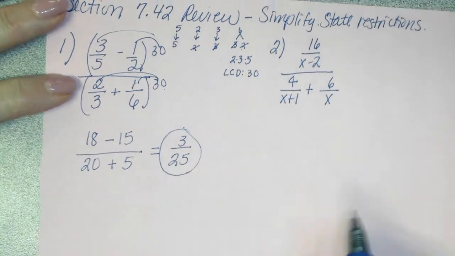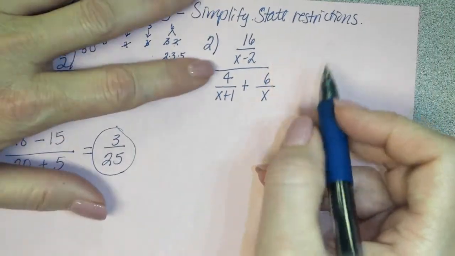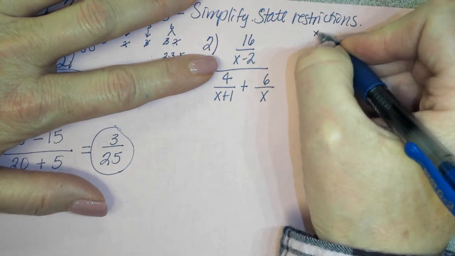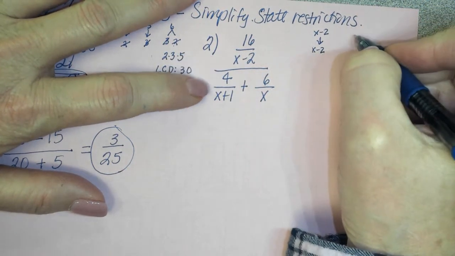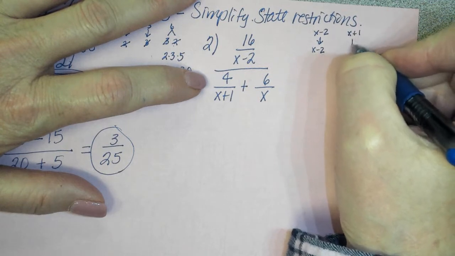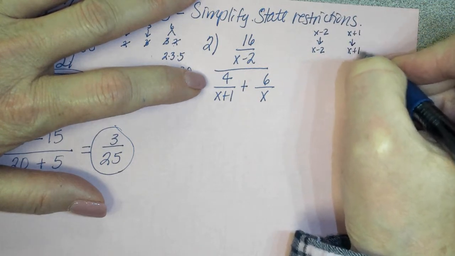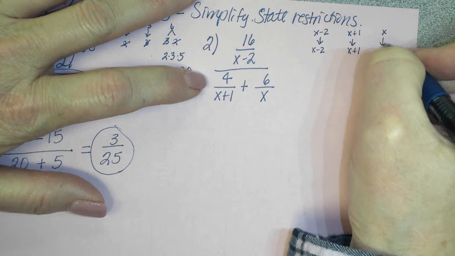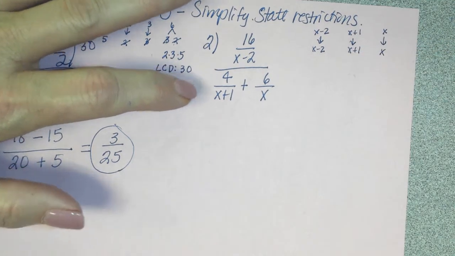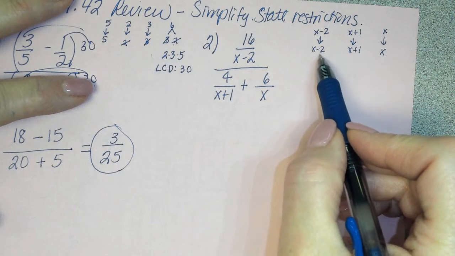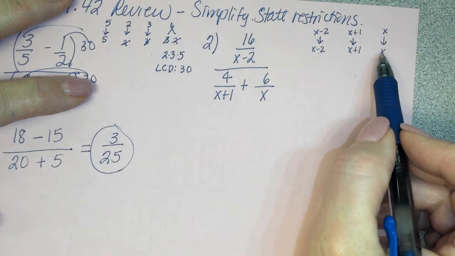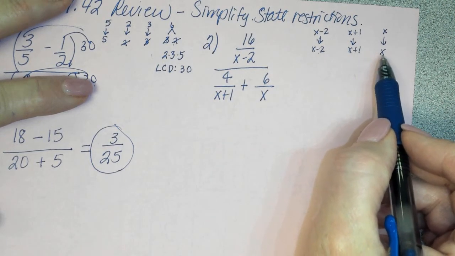Sure. Number 2, we've got x minus 2. That has a factor of x minus 2. x plus 1, that has a factor of x plus 1. x has a factor of x. So, what's going to be the common denominator? They don't have anything in common. Here's a mistake I see.